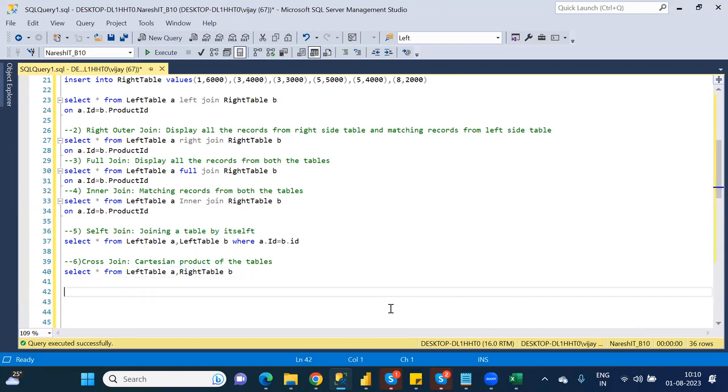What is the next one? Are there any more joins? Okay, so tomorrow we will discuss how these joins work. I will show you with a single table how we can pull it into Power BI by writing joins.